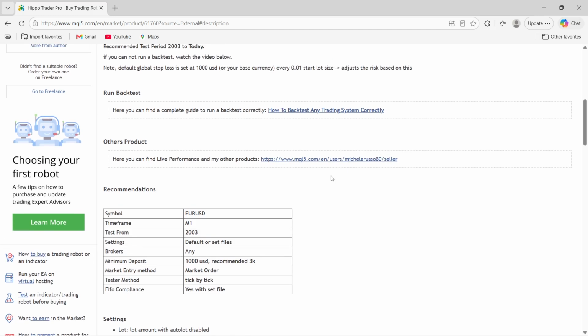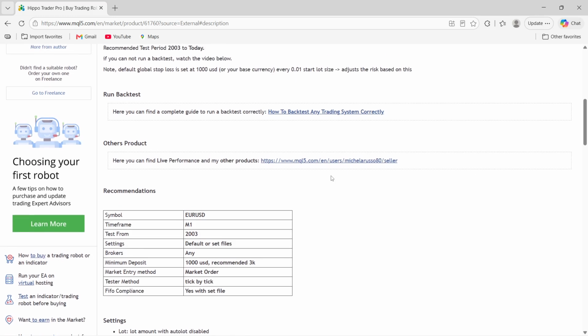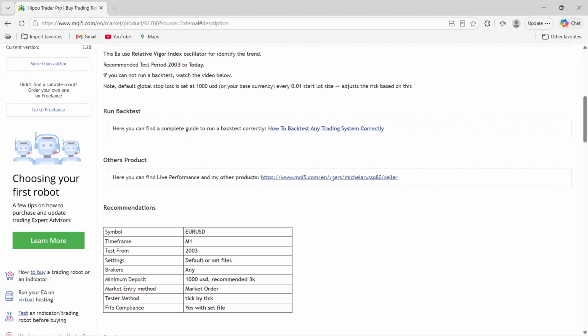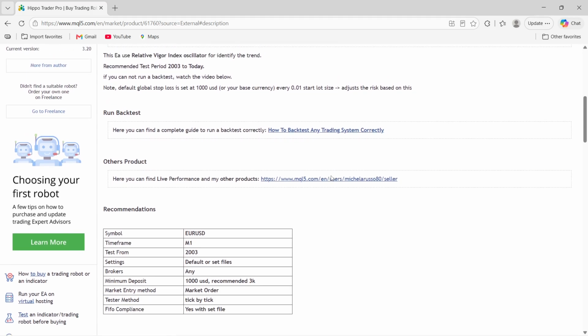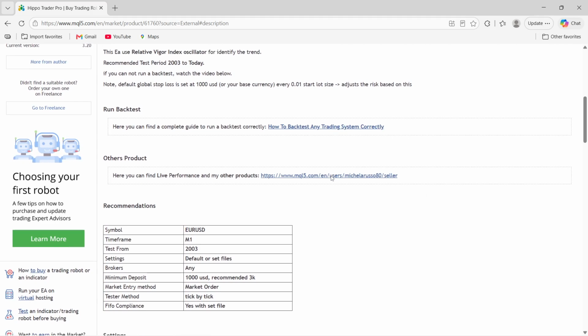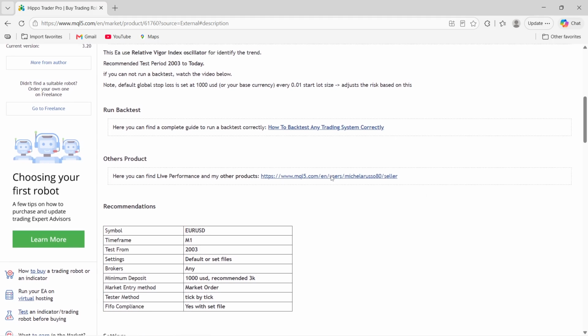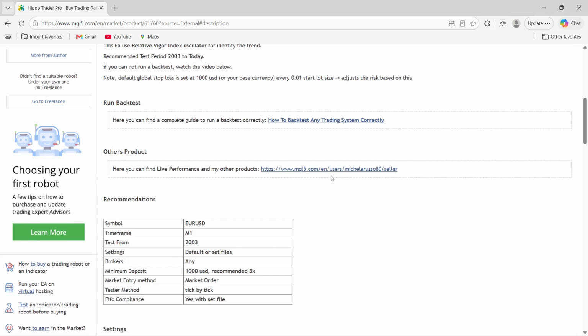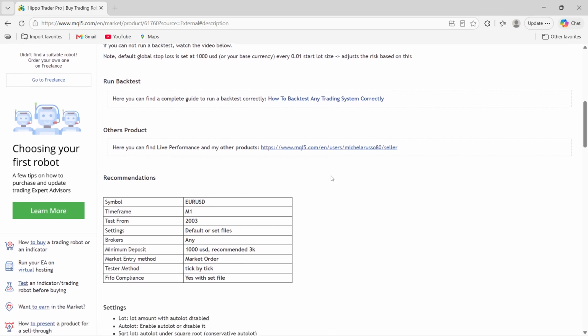Alright, so the key features include trend following logic with ATR volatility filter, Relative Vigor Index for trend confirmation, focus on Asian and European sessions, FIFO compliance, global stop loss for risk control, and market order entries.